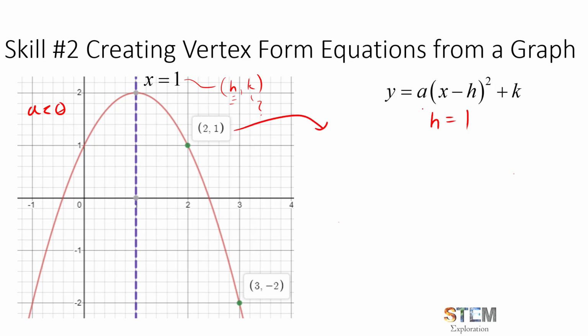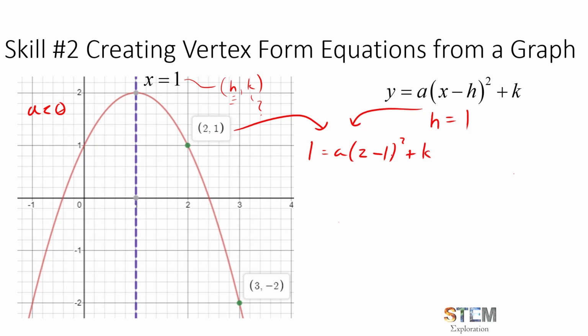And so, for example, I'll just take 2 and 1 and plug it into this coordinate and say 1 is equal to a times 2 minus 1, okay, the ones from the h here, the ones from the ordered pair here, plus k. I have 2 variables.